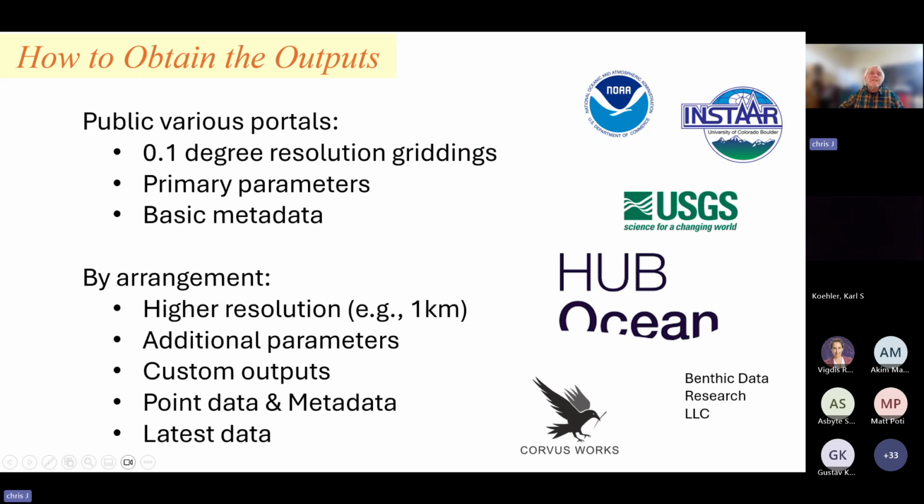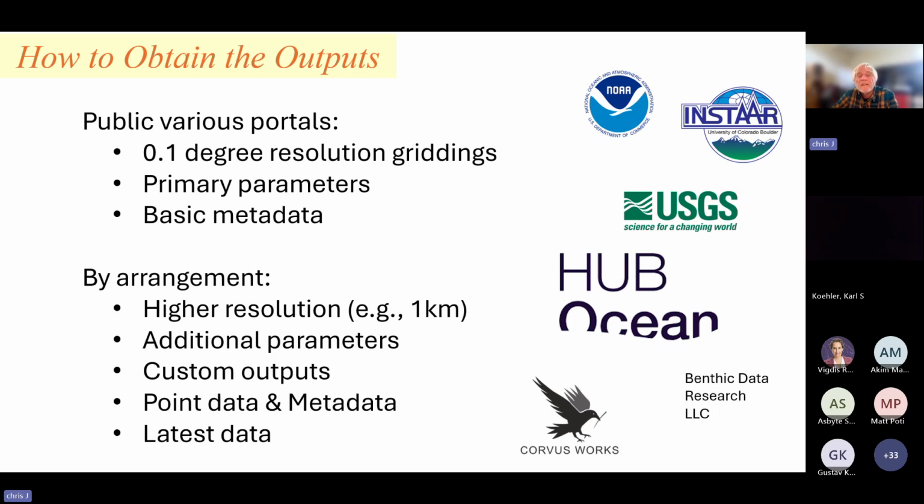All right, so how to obtain the dbSEABED outputs? We have two levels of data, a public level and a by-arrangement level. And the public level is limited to 0.1 degree, about 10 kilometers. This is not arbitrary.